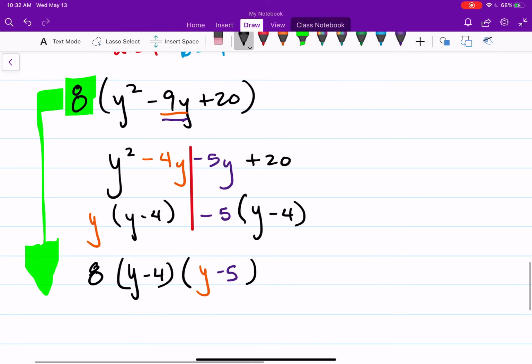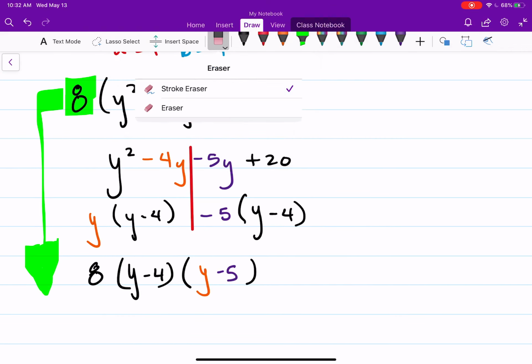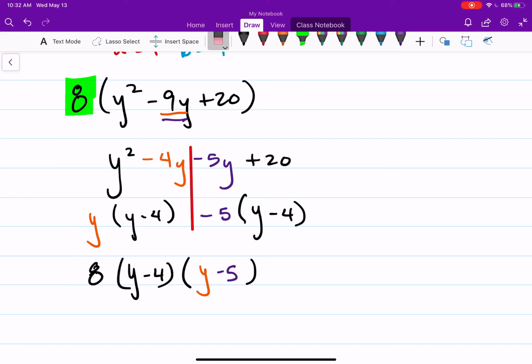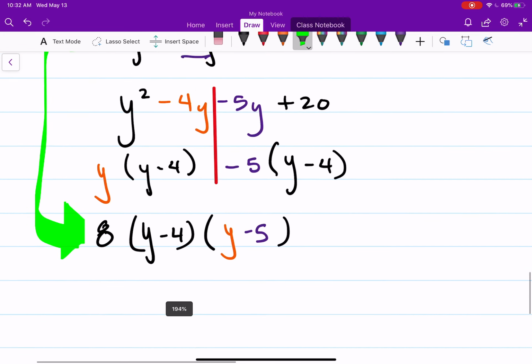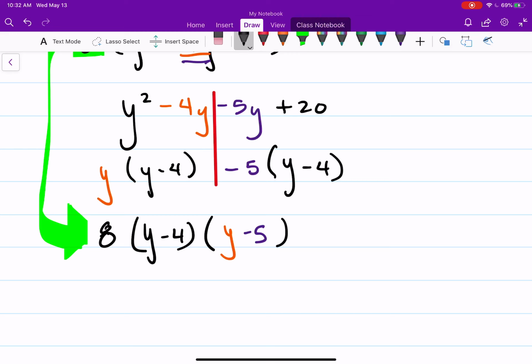So I can take this and put it right there, for the 8. Actually, undo. Let's draw it better. Okay, so the 8 just comes back down. So that would be my answer right there.